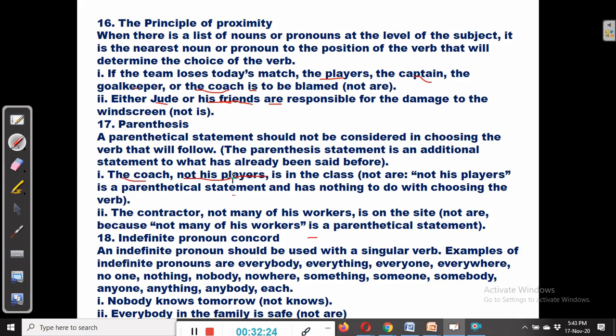Even though we have a plural subject here, because this expression is in parentheses, we can remove the commas and put it in brackets, and it will still be correct. So the coach, not his players, is in the class. So that is absolutely correct. Because the coach is singular, then the verb must be singular.